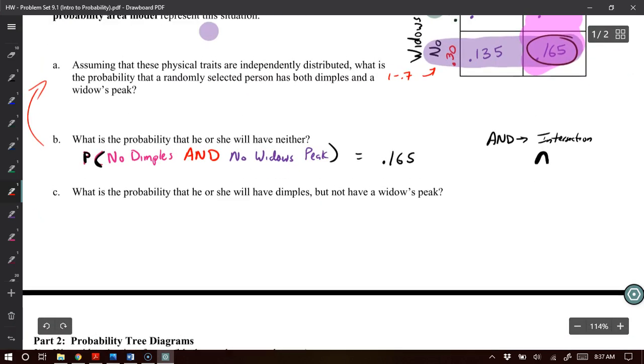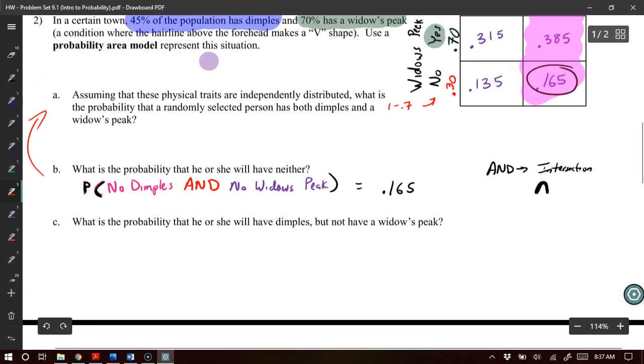You should be able to figure that one out. Now, I'm going to give you the setup for part C visually and have you go through it. Part C asks what is the probability that he or she will have dimples but not a widow's peak. So yes dimples, and no widow's peak.